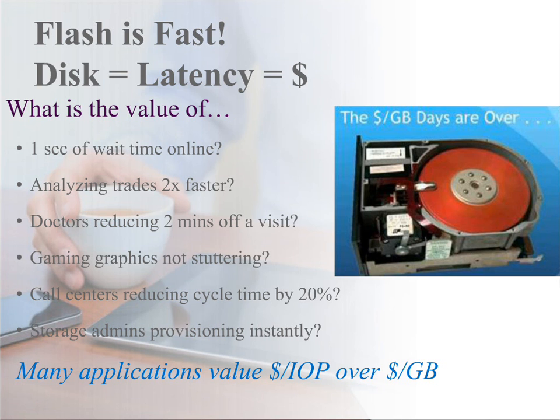In the spinning disk days, we've been primarily focused on the economics of storage in terms of dollars per gigabyte, and it's served its place well for quite some time. But now that speed of access to information is becoming increasingly critical, that dollar per IOP value is starting to take over the conversation and become the more important economic metric in evaluating a storage solution.